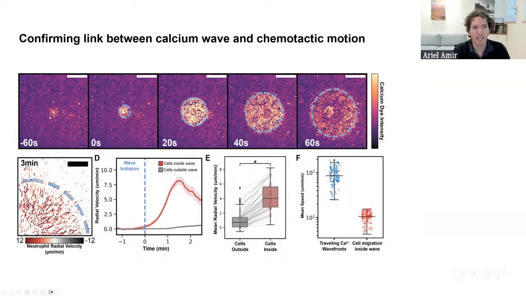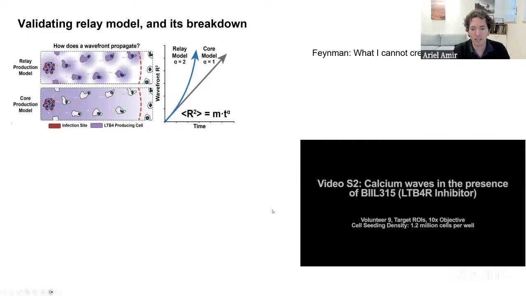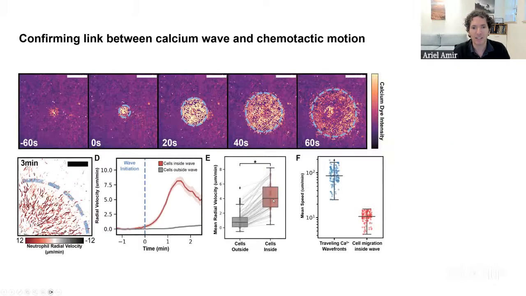So what you can see here is the propagating waves as imaged using this calcium imaging, and you can analyze whether cells inside and outside have different properties. And indeed, you see that the cells inside are moving radially in, while the cells outside are just jiggling around randomly with essentially zero mean radial velocity.